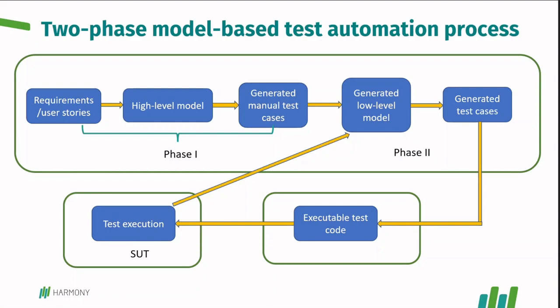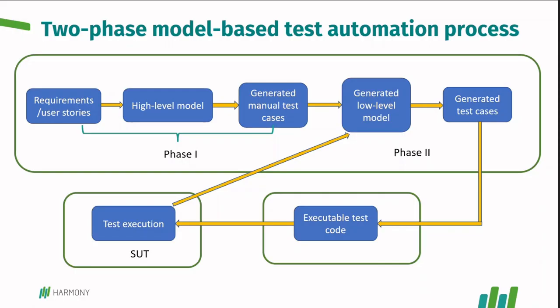This is completely implementation independent. This is the first phase, and during the second phase, the test cases are executed by humans, and a low-level model is generated from which the test cases are also generated and finally executed.